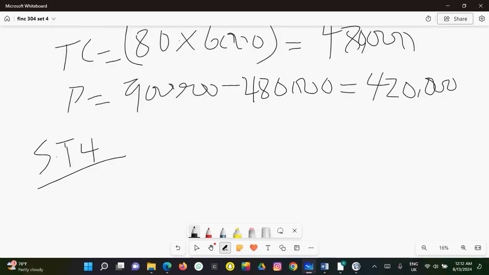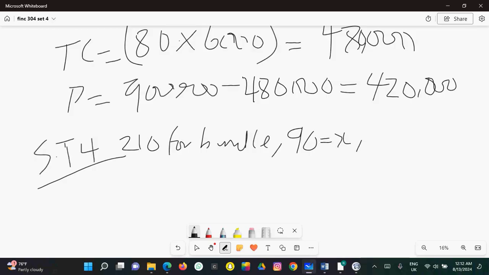So strategy 4. The firm is charging 210 for a bundle. And when you decide to also buy one each, then we charge 90 for the antenna and 160 for the TV.